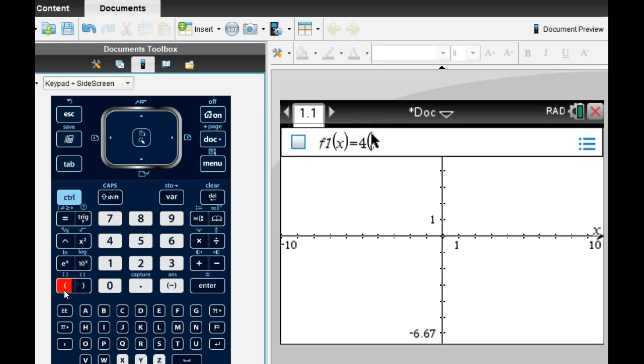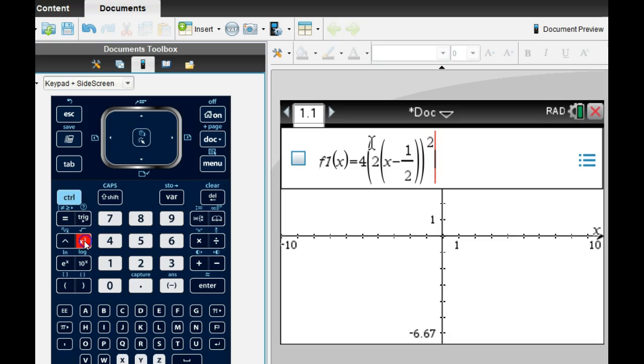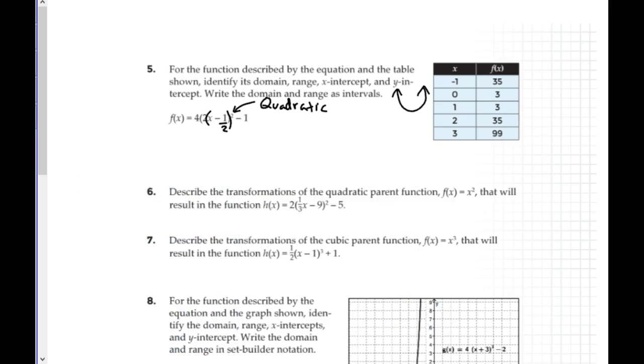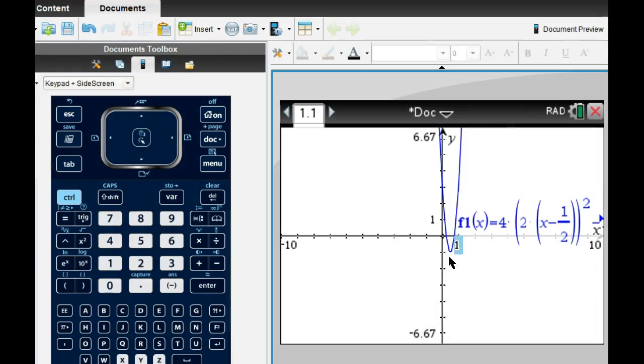Four parentheses, 2 parentheses, x minus 1/2, squared, minus 1. Cool. So, the domain for sure goes forever to the left and right when it's a parabola. But the range is not like that. Look on the graph. It doesn't go down forever. It stops right there. What is that vertex?